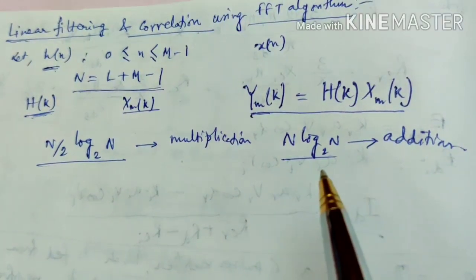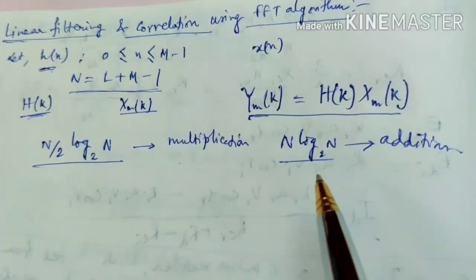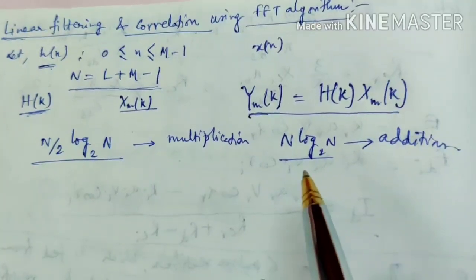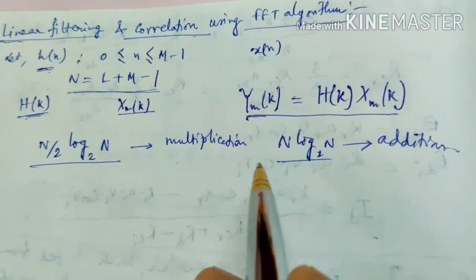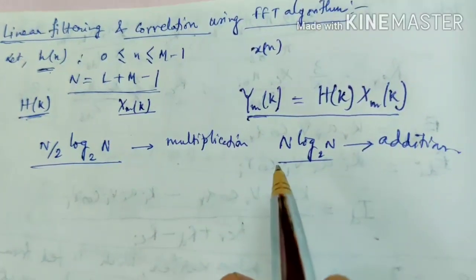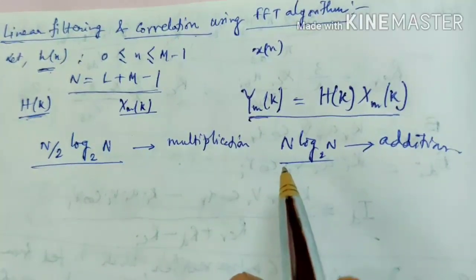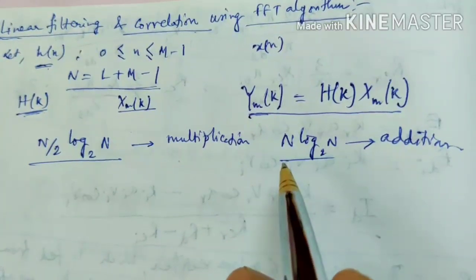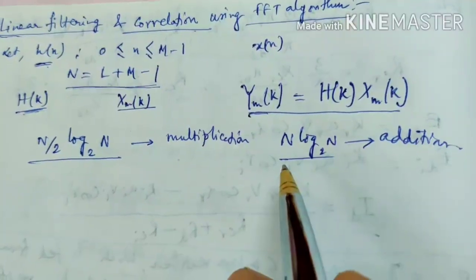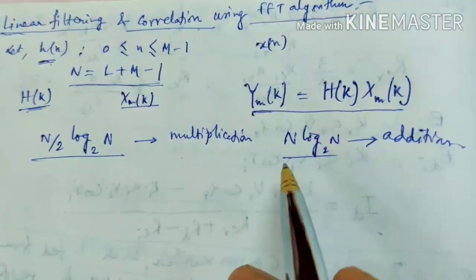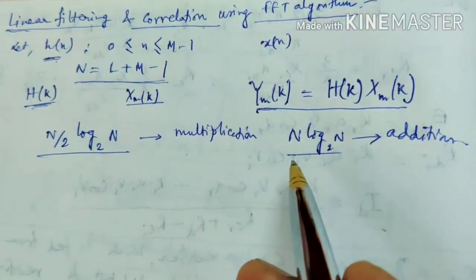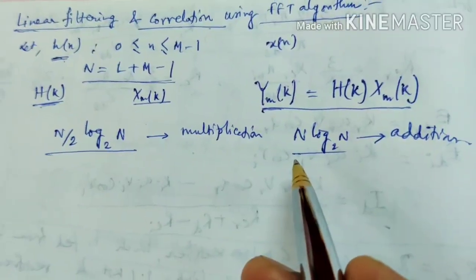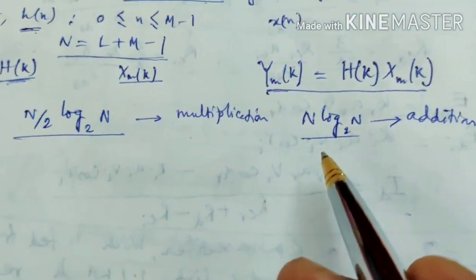By way of comparison, the direct form realization of the FIR filter involves M real multiplications per output if the filter is not linear phase, and M by 2 if it is linear phase symmetric. The number of additions is M minus 1 per output point.